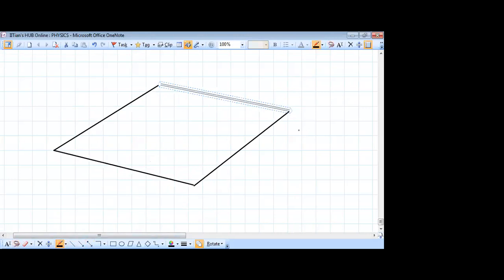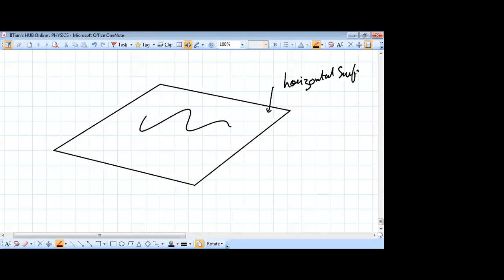So suppose this is a horizontal plane. This whole thing, it's a horizontal surface. Yeah, Akshat, correct.